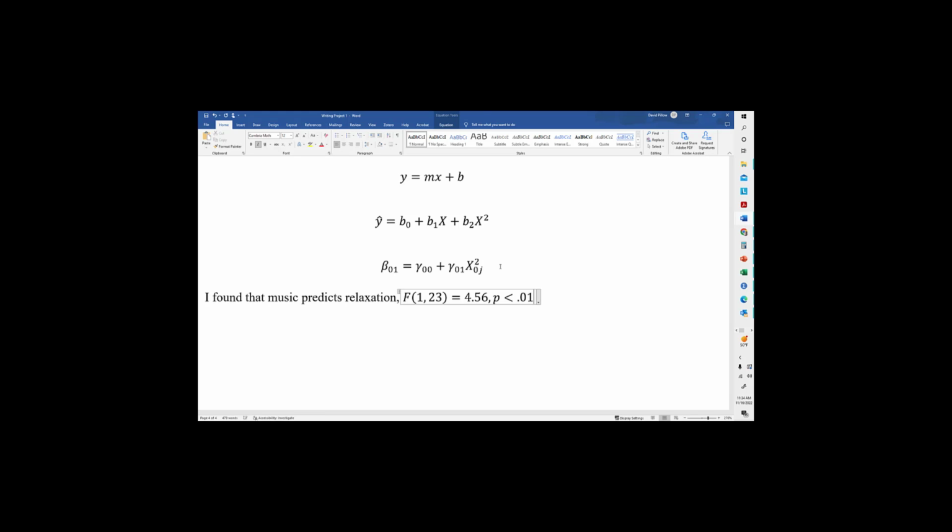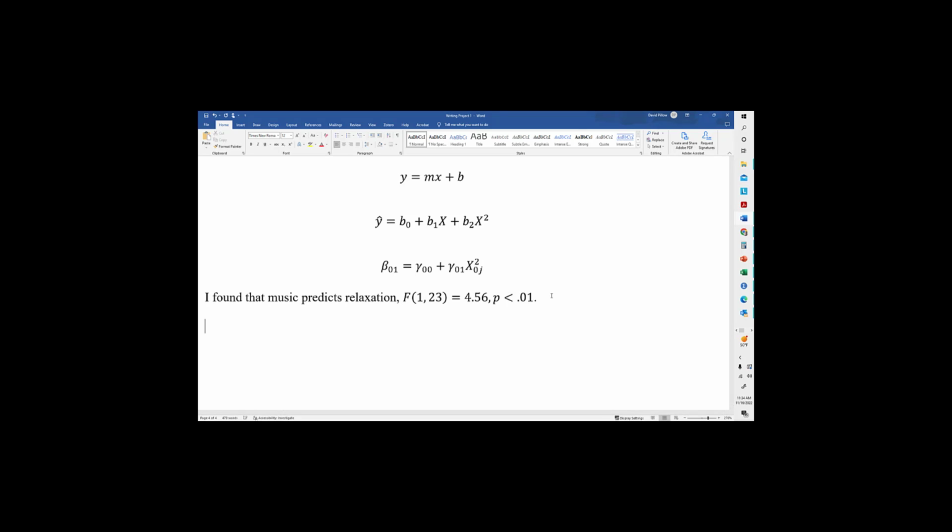I got some extra spaces in there. Space out of that and hit period, and there I am. It italicizes appropriately the symbols like you want for APA style. It spaces things out nice and pretty.